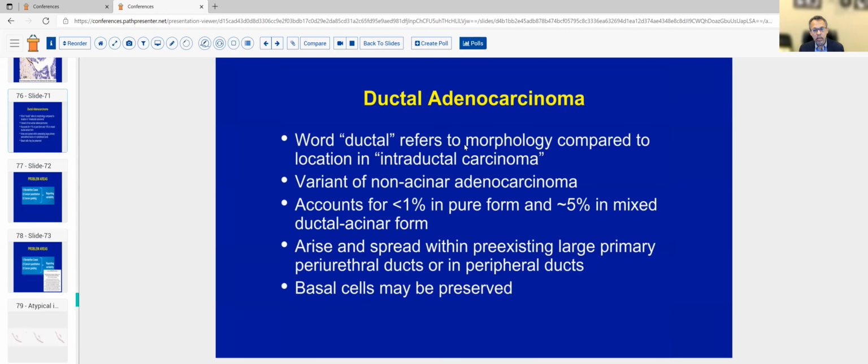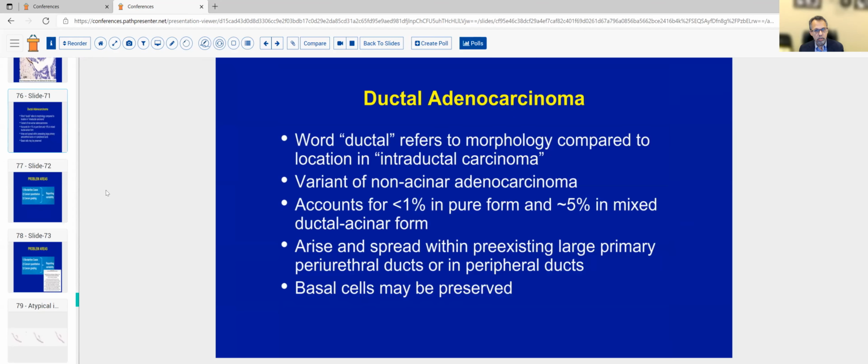So the word ductal refers to morphology compared to location in intraductal carcinoma. It is a variant of non-acinar adenocarcinoma. It accounts for less than 1% in pure form, but is typically seen in mixed ductal and acinar form. It arises and spreads within pre-existing ducts or in peripheral ducts, and basal cells may be preserved.